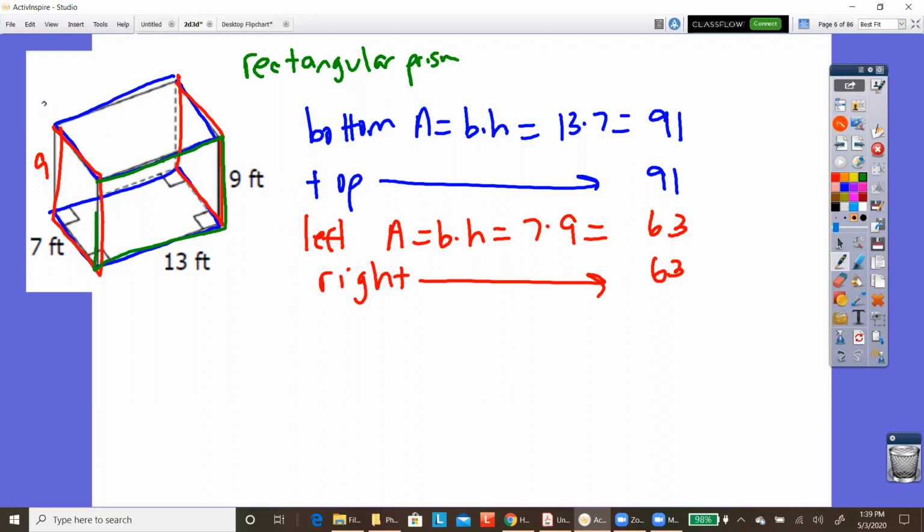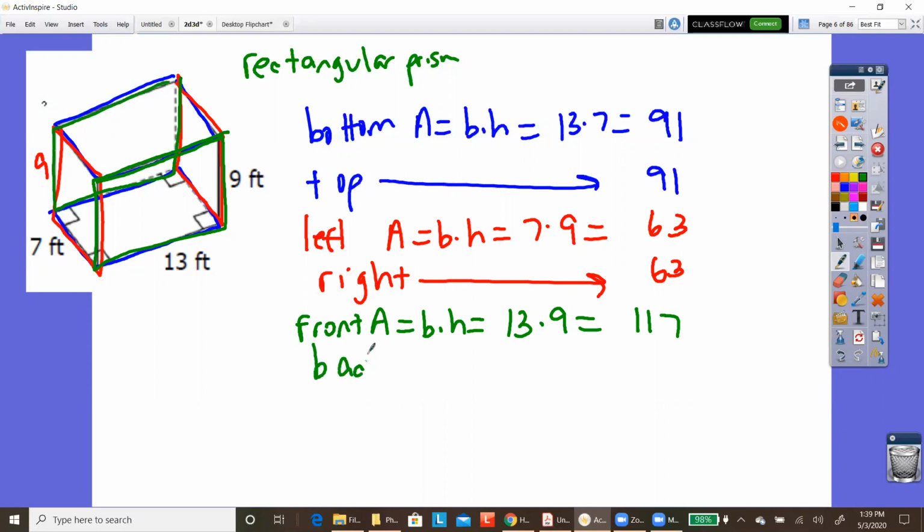The front is another rectangle. Its dimensions are 13 by 9. And if you do 13 times 9, you're going to get 117. And the back would be the same because it has the same dimensions. And your area for the back would be 117 as well.